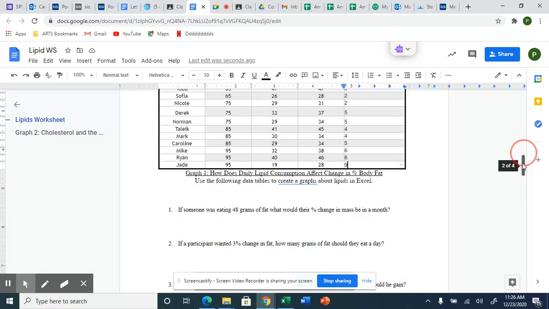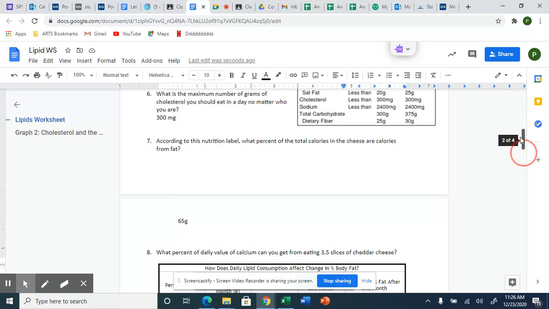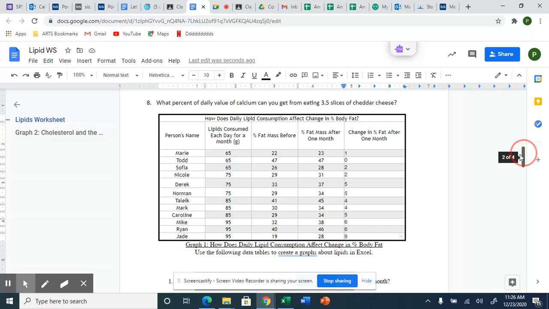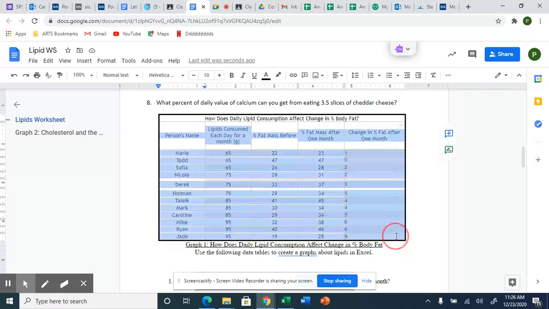All right, so we are going to create a graph using this table. We just highlight it, Control C to copy.